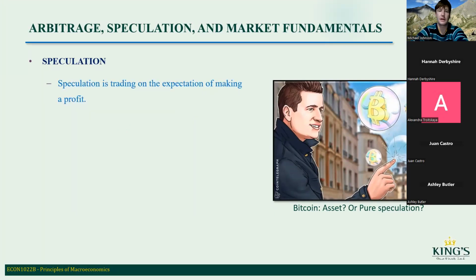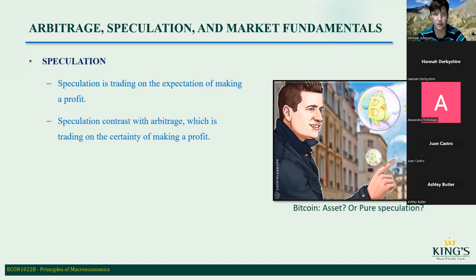Speculation. Speculation is trading on the expectation of making a profit. Speculation is different from arbitrage. Arbitrage is trading on the certainty of making a profit. Most foreign exchange transactions are based on speculation. A lot of what has happened with Bitcoin has been speculation.